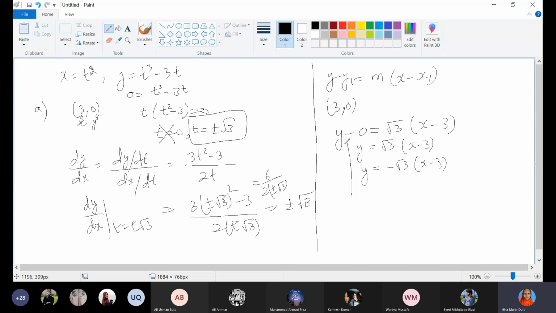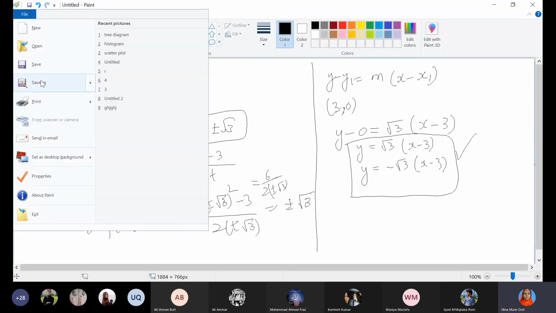So these are the equations of the tangent line at the point 3, 0, and there are two equations of the tangent line. Okay, got it or not?